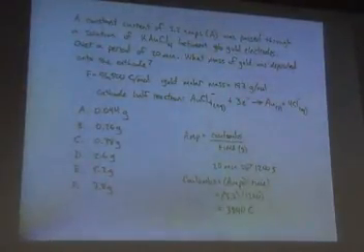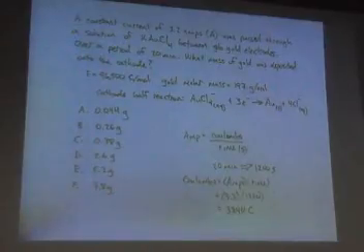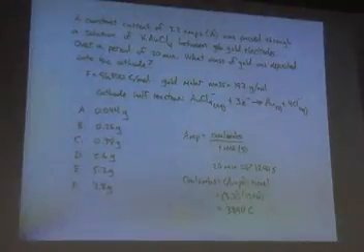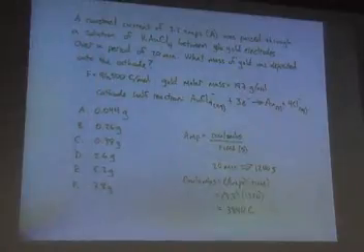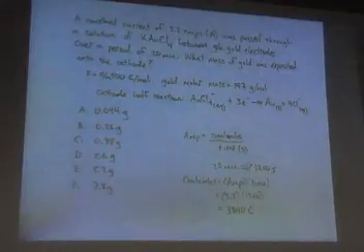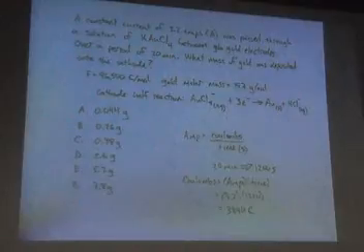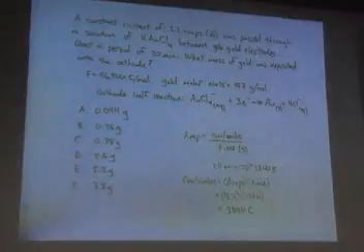So then we figure out how many moles of material we can deposit with that amount of charge. So we look at Faraday's constant and we see that 96,500 coulombs is in 1 mole of charge. Looking at the equation, we need 3 electrons to make 1 mole of gold.